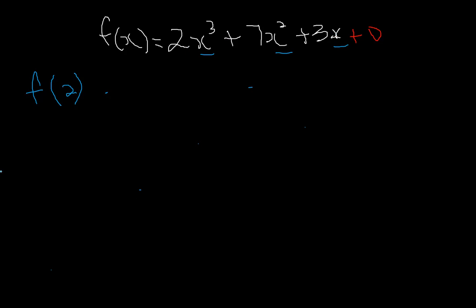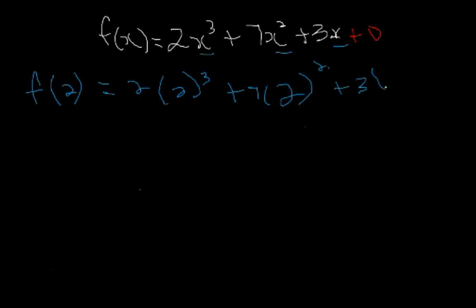If you just look at this, you can tell that 2, 7, and 2 would not give me 0. But let me still do it. 2 cubed plus 7 times 2 squared plus 3 times 2. This obviously will not give me 0.